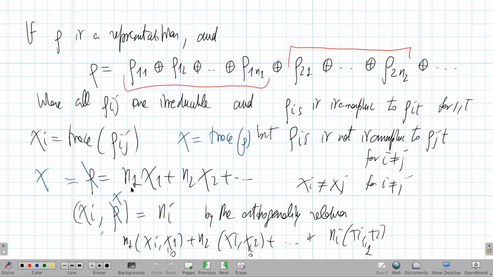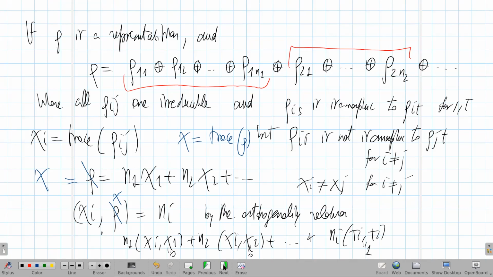You write chi as this linear combination with integers n_i of distinct irreducible characters, and the orthogonality relations tell you that to know what n_i is, you take the inner product of chi_i with chi, okay? Because all inner products disappear except for chi_i, which is one.